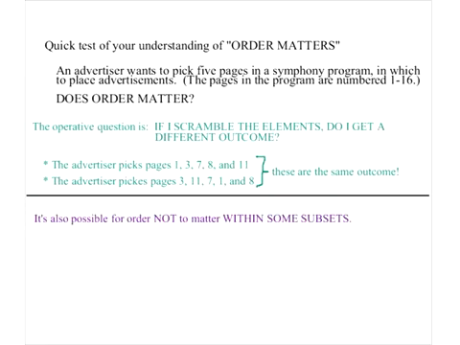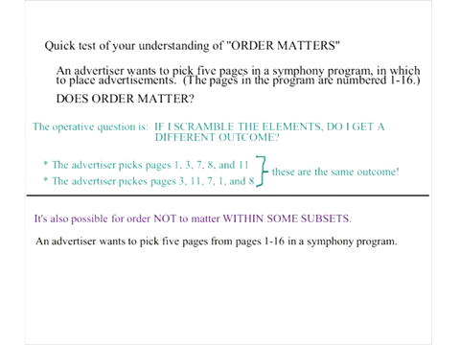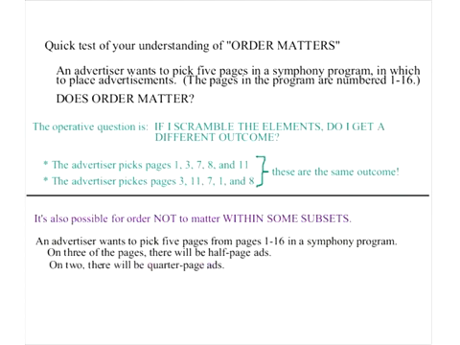Let's say an advertiser, so same problem, an advertiser wants to pick 5 pages from pages 1 to 16 in a Symphony program. On 3 of the pages, there will be half-page ads, and then on 2, there will be quarter-page ads. Okay, in this case, here's the situation.